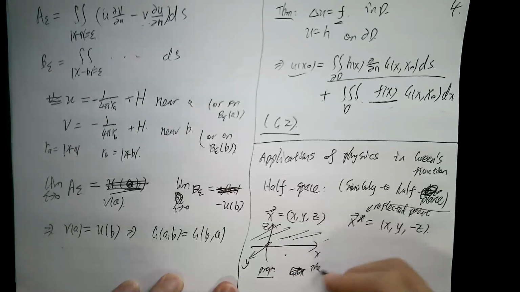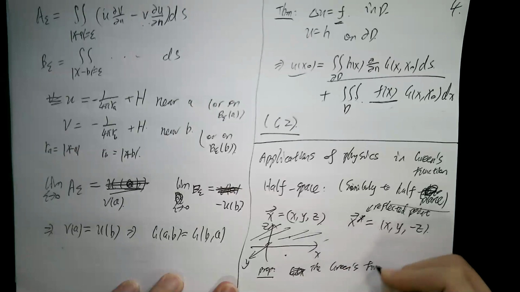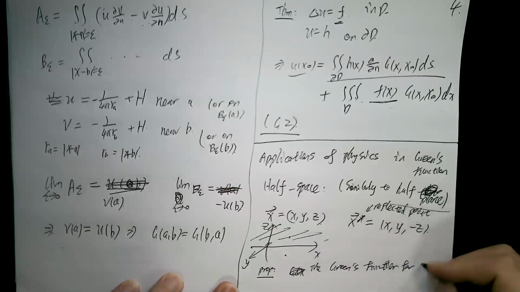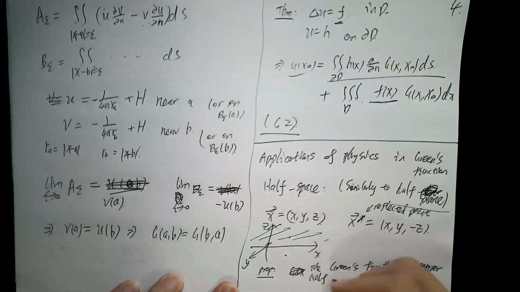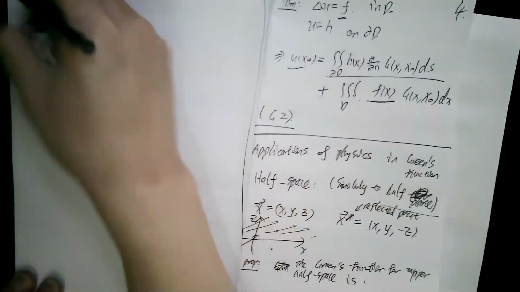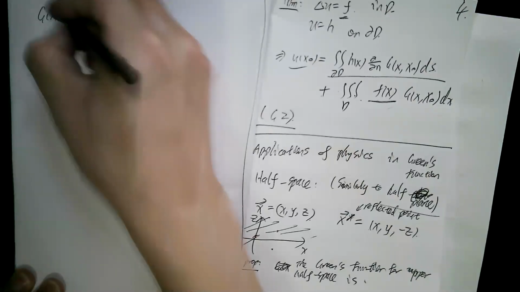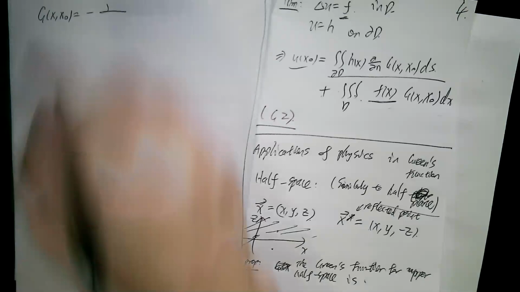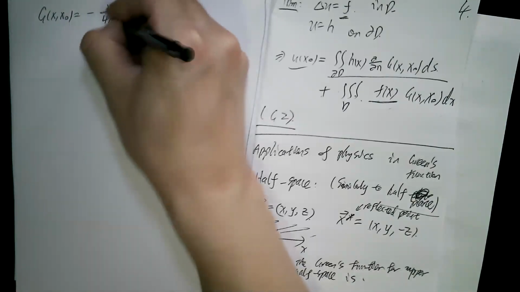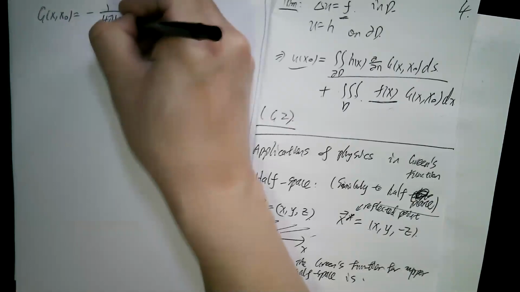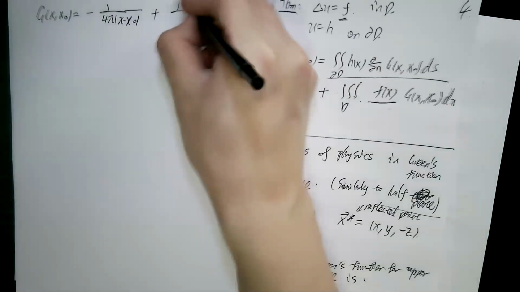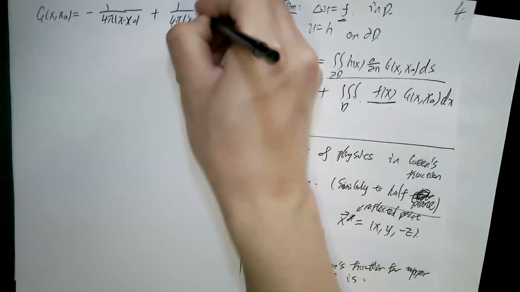The Green's function for the upper half space, G_x(x0), is equal to the first term, minus 1 over 4 pi |x minus x0|, and plus 1 over 4 pi |x minus x0 star|.